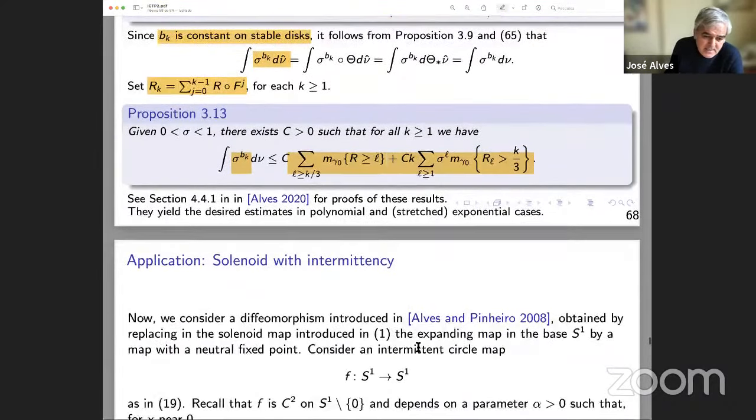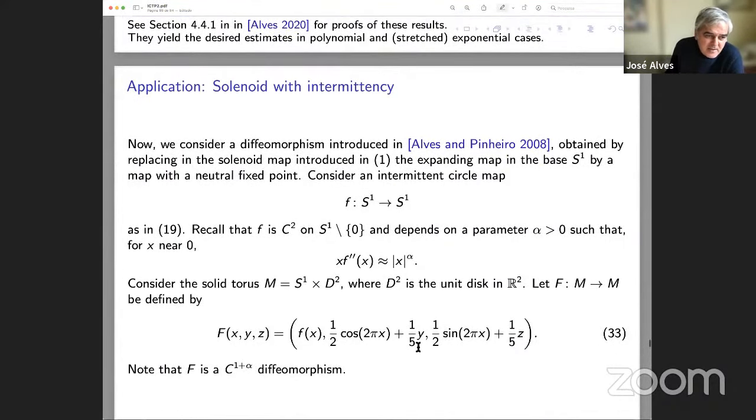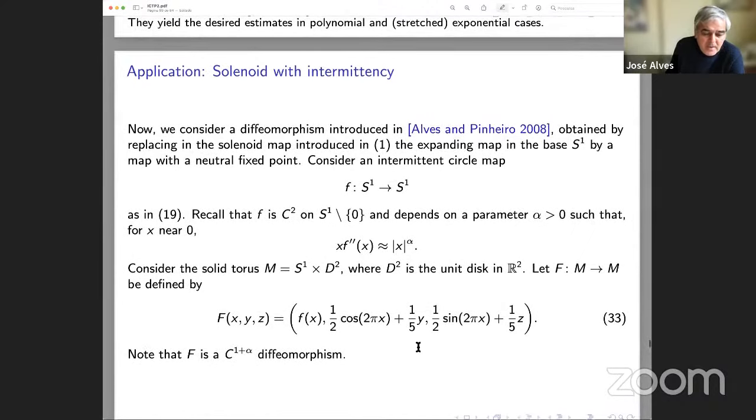But here it is easier to handle because the dynamics is very well known. The dynamics is what I call a solenoid with intermittency. This appeared in a paper by myself and Pinheiro in 2008.